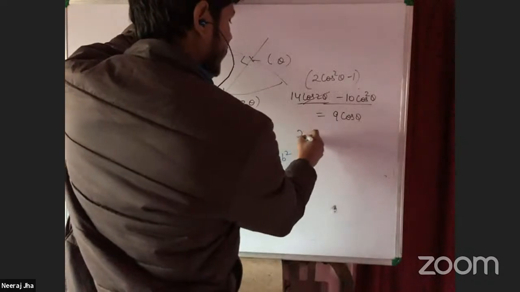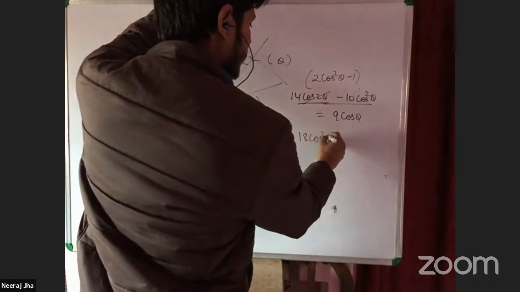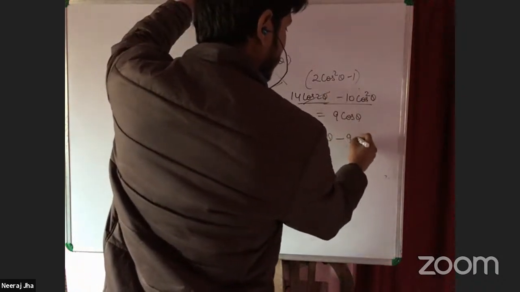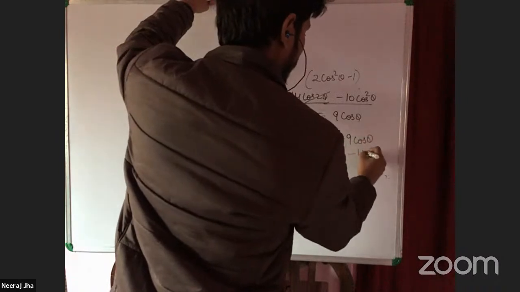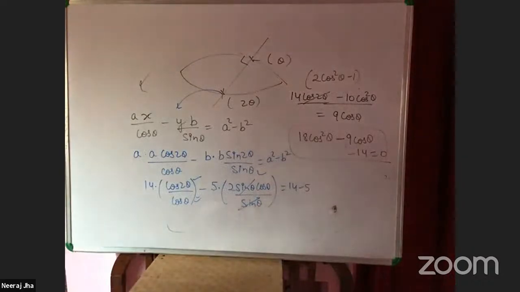So 14 times 2 is 28 cos square theta minus 10 cos theta, and 18 cos square theta minus 9 cos theta minus 14 is equal to 0. Check it, you can get what is cos theta.